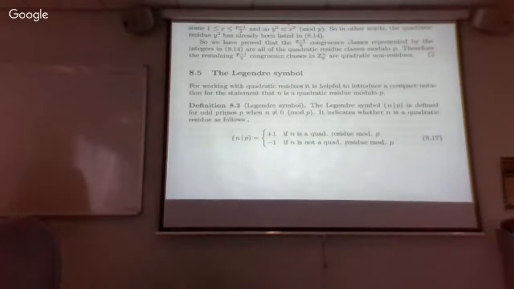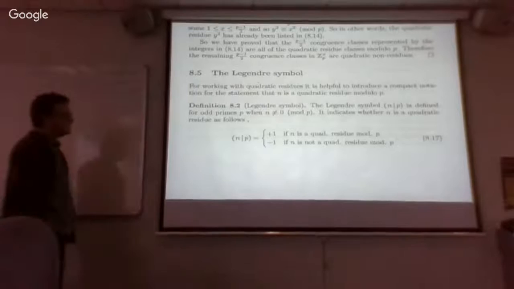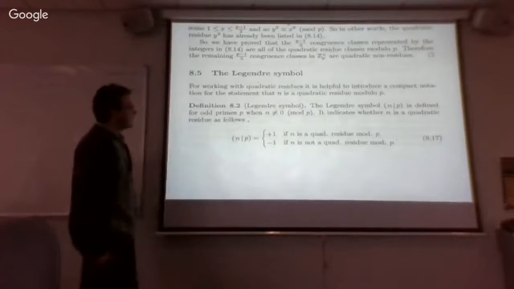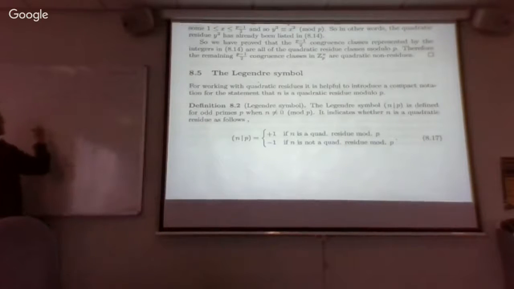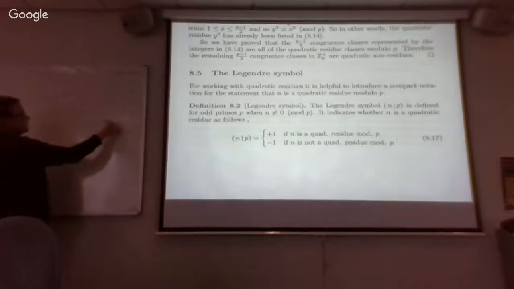Now, if that was all it was, there wouldn't be a whole lot of point in it. But it's going to help us think about and structure our analysis of this general problem, because there's the general problem floating around: given a pair of numbers n and p, is n a quadratic residue modulo p?